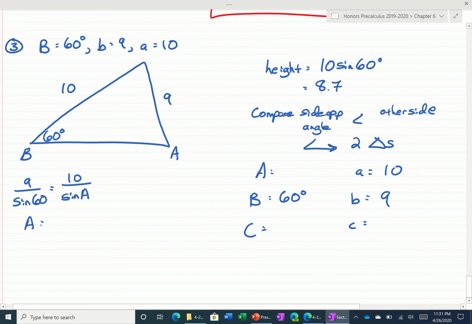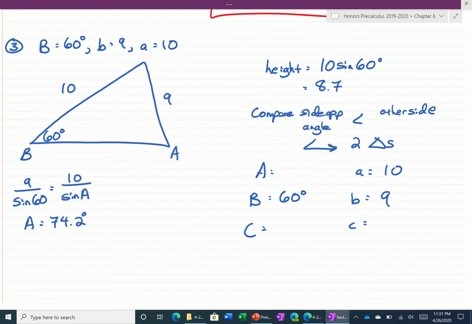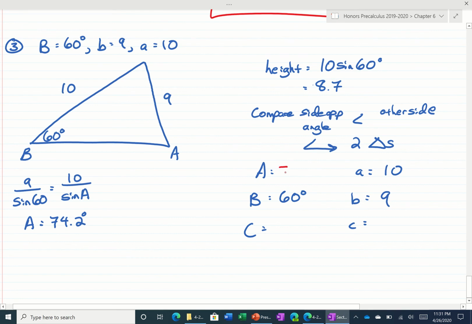And if you cross multiply, divide, and use the inverse sine here, you'd get that A is 74.2 degrees. And 180 minus 60 and 74.2 would give you angle C as 45.8.